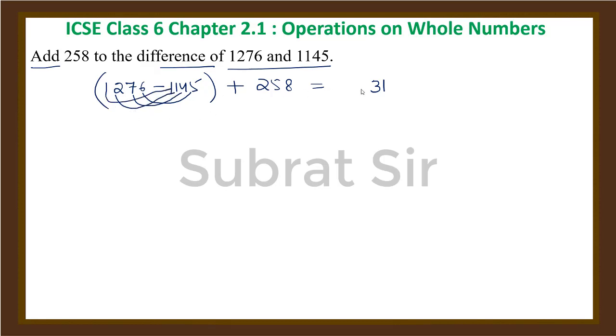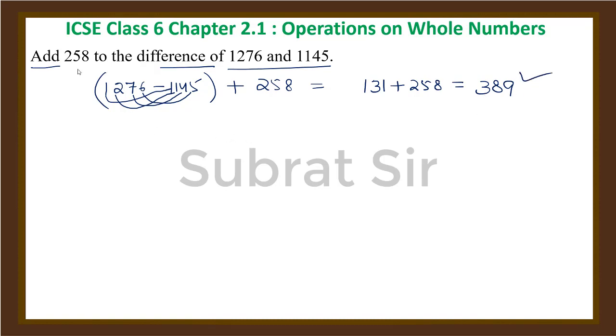Then 2 minus 1, 1, and 1 minus 1, 0, so no need to write this. Then plus 258. So 8 plus 1, 9. 5 plus 3, 8. And 2 plus 1, 3. So our result is 389.